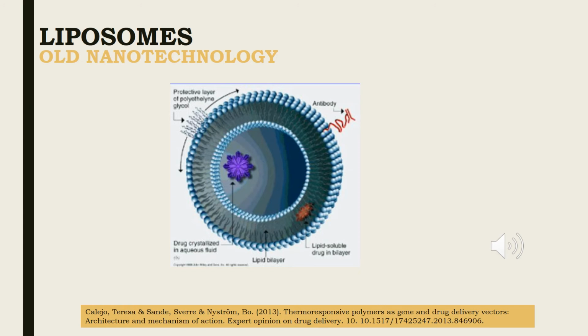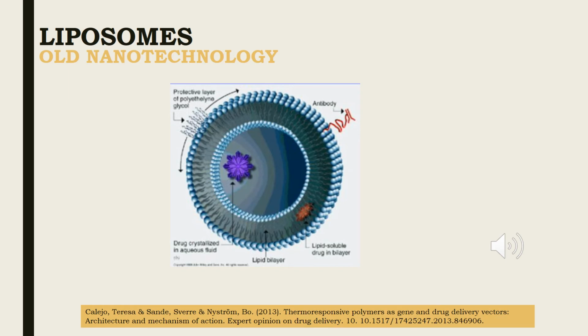Liposomal formulations are the first nanopharmaceuticals introduced to market. These liposomes are called stealth liposomes, with size less than 200 nanometers, which are long circulating with a hydrophilic polyethylene glycol surface.